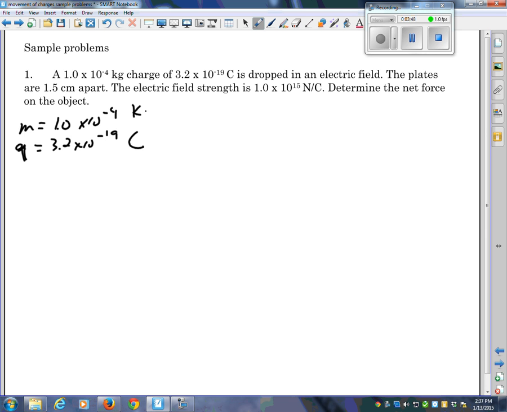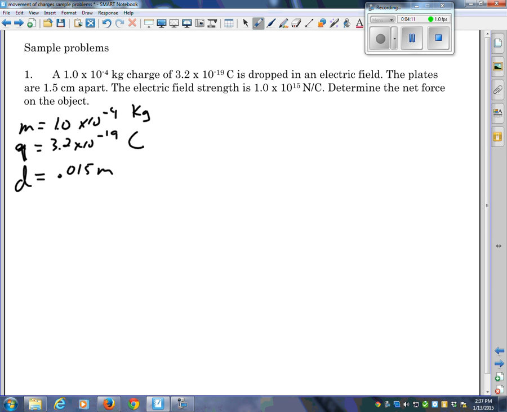That's okay. The plates are 1.5 centimeters apart, D. Do you have a funny feeling about centimeters? Yes, your spider senses should be tingling. You should realize that that's 0.015 meters. It's got to be automatic by now how to convert centimeters to meters, you guys.